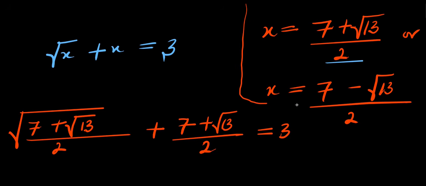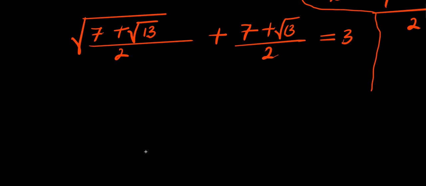Remember, x is this. From here, we need to find the value of the square root of 13. Let's start from there. So the square root of 13 equals approximately 3.605. Then let's substitute it right here.